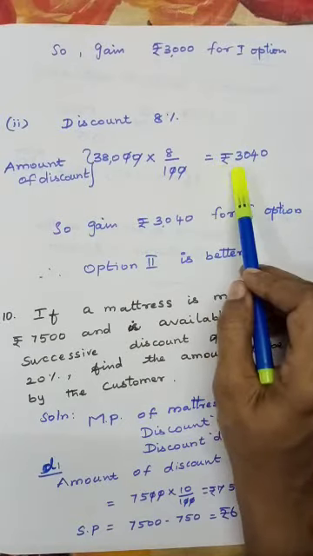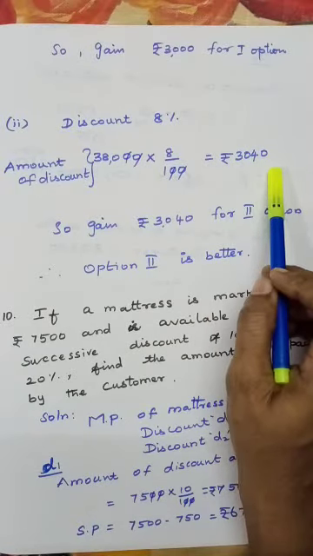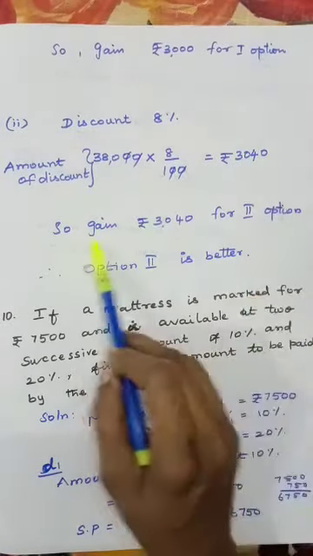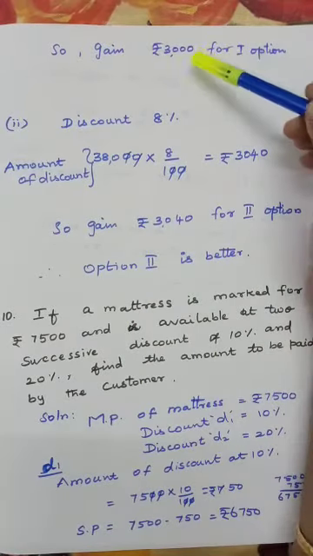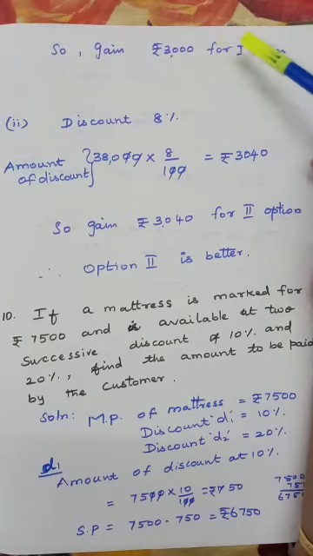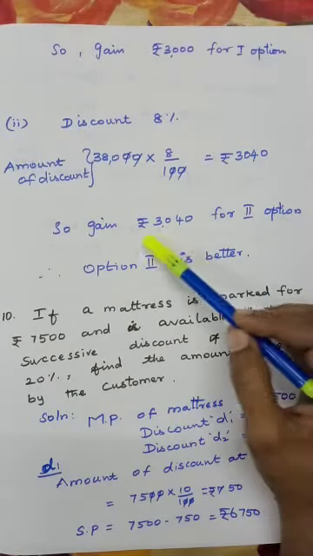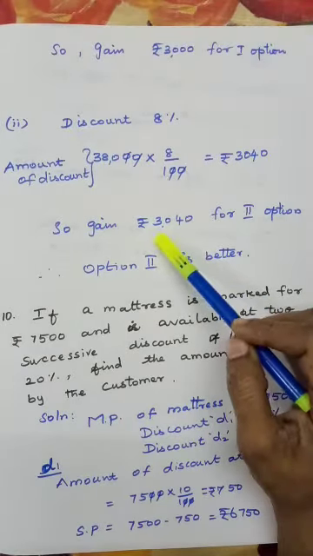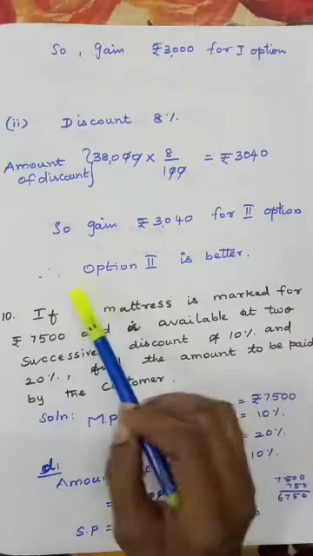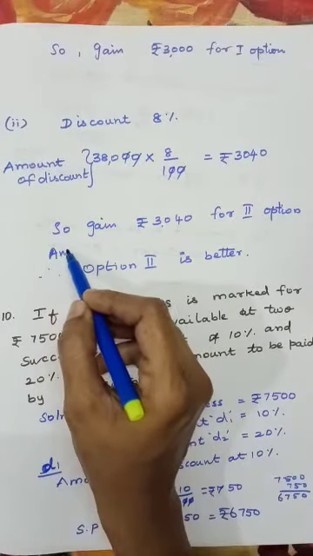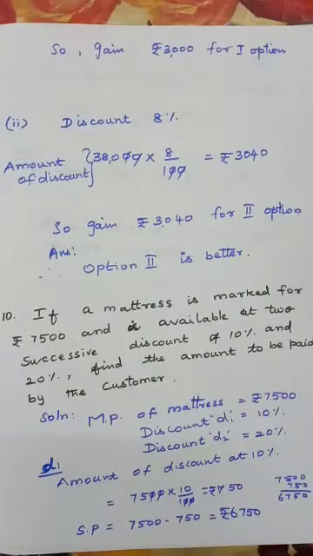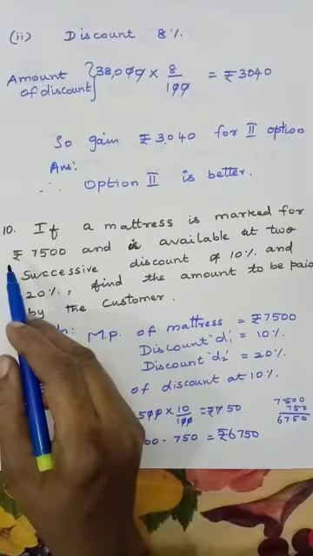So rupees 3,040 gain for the second option. Which is better? For the first option, we are getting rupees 3,000 gain. And for the second option, we are getting 3,040 rupees. So the answer is option 2 is better.